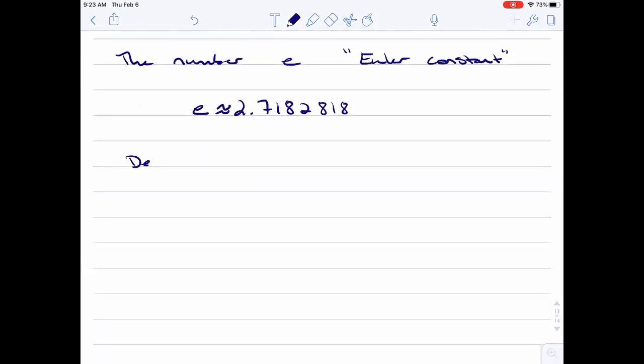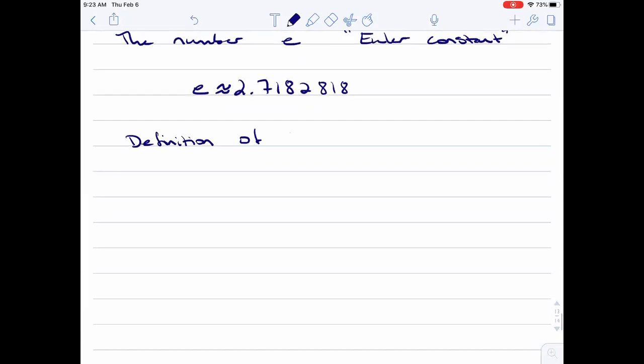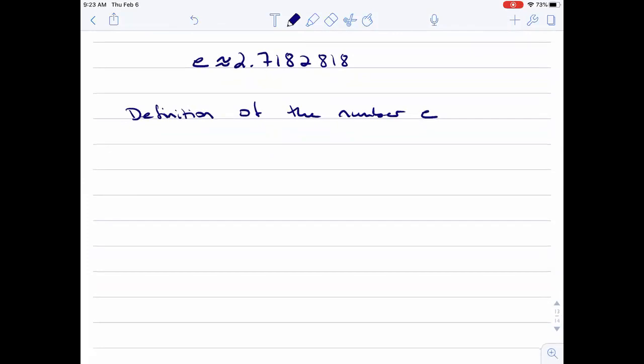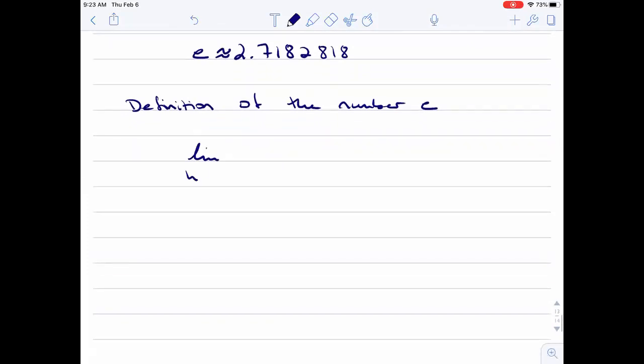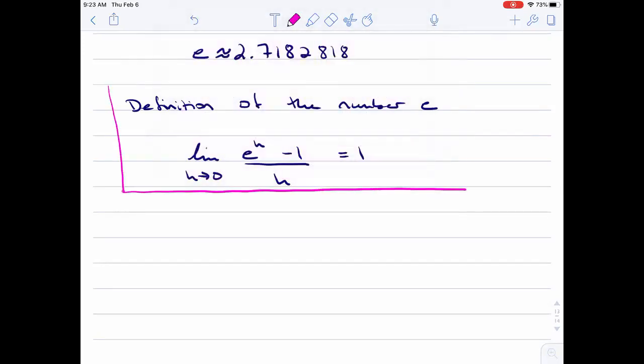But the definition of the number e is interesting. It is that the limit as h approaches 0 of e to the power of h minus 1 over h is just going to be 1. Put a little box around it, although I won't really get you to use that, but it's good to know.